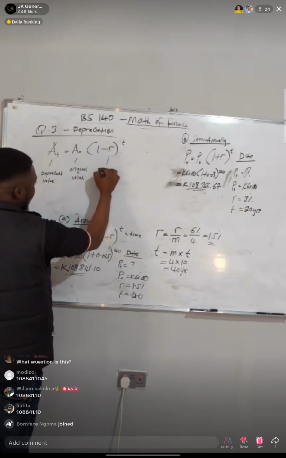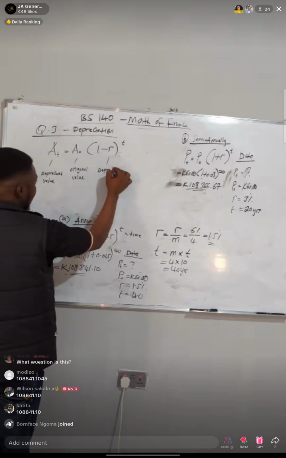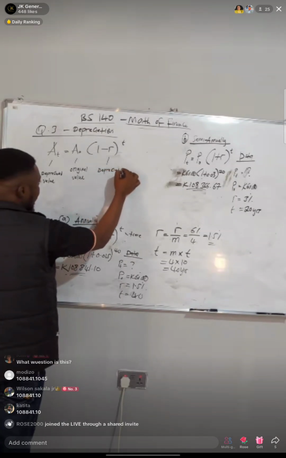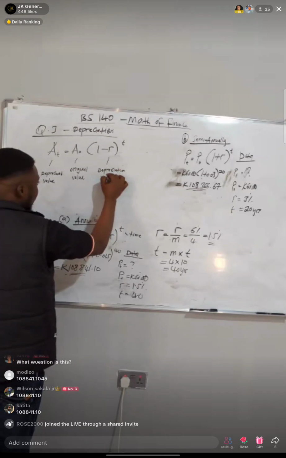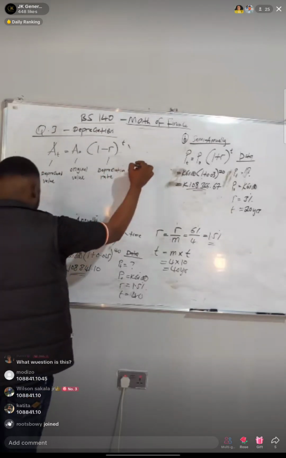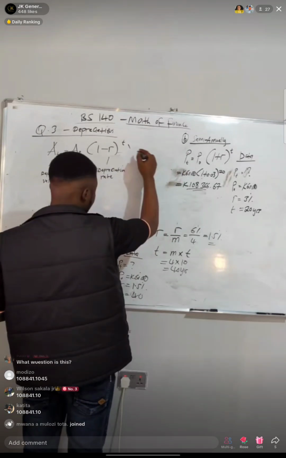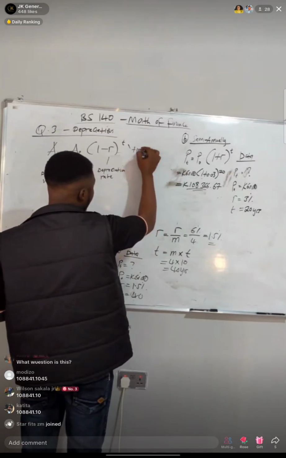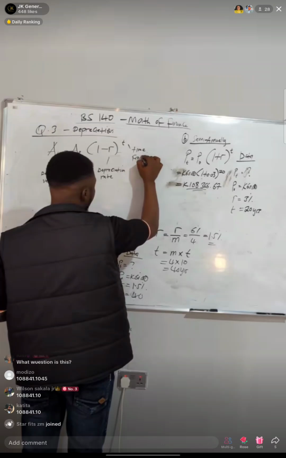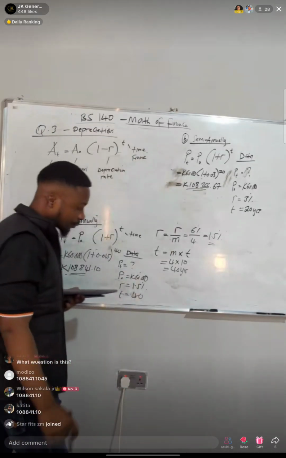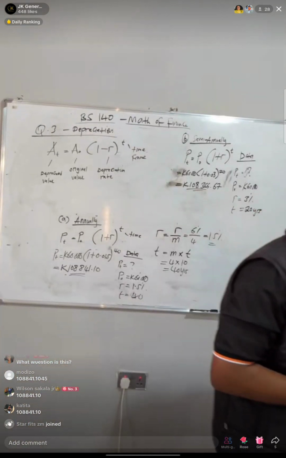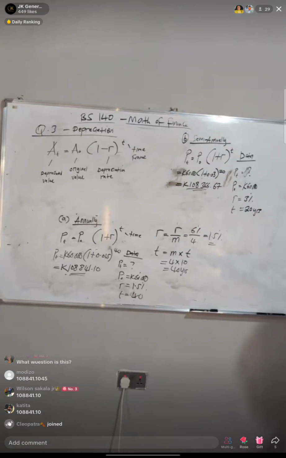R refers to the depreciation rate. T just refers to the time frame. Then we can start replacing from there. Since we have all those, we can now go to the question and start replacing.